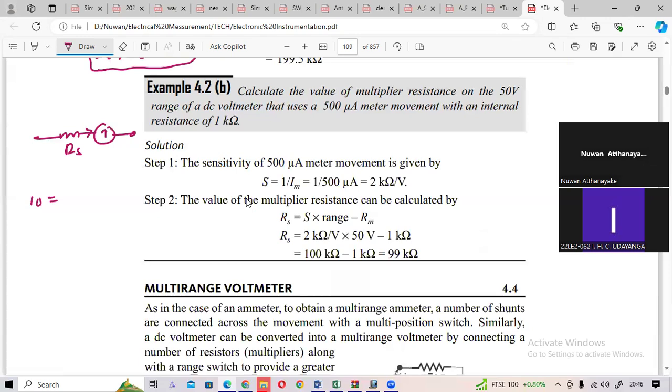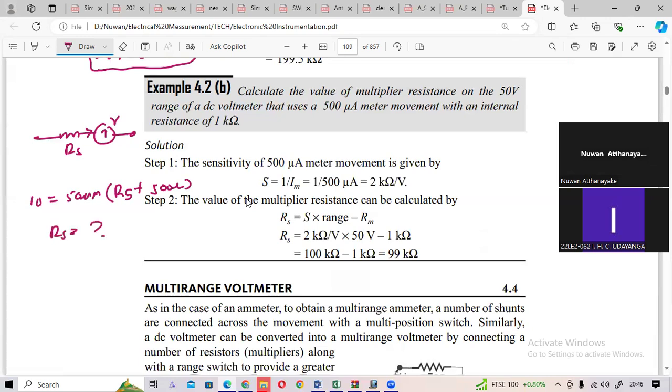The maximum current IM is 50 microampere, and the series resistance, which you don't know, plus the internal resistance R, that is 500 ohm. So you can solve this equation to find RS.